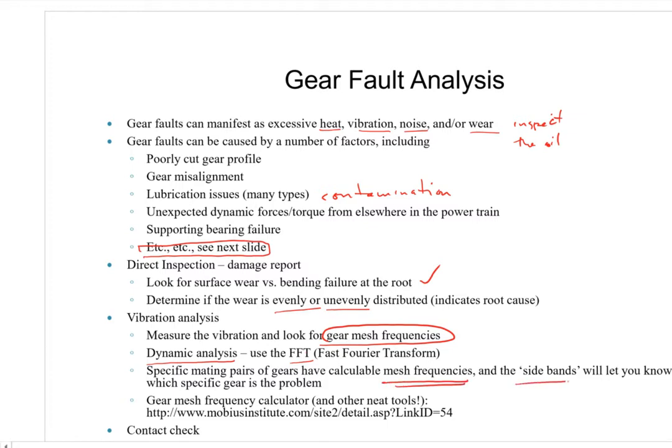The gear mesh frequencies and their sidebands will let you know which specific gear is the problem. So this was on a compound gear set, and through vibration measurements and FFT, I was able to identify the exact gear in the train that was causing the problem. Turns out it was the input gear, and it was improperly cut.